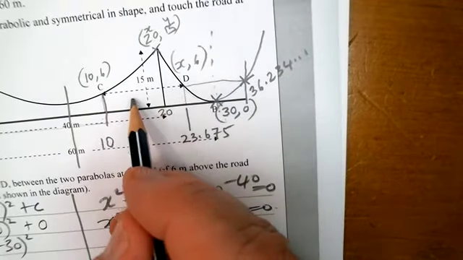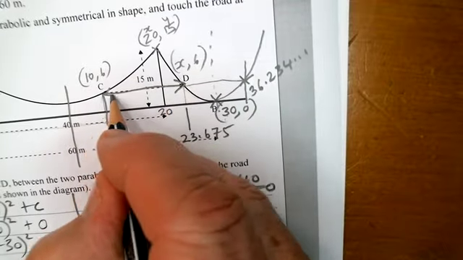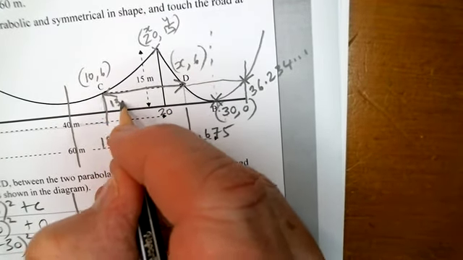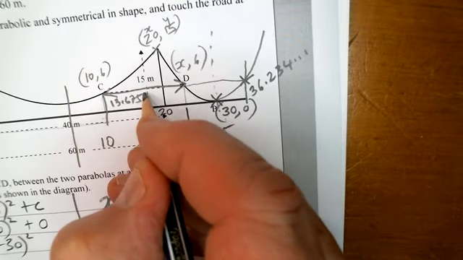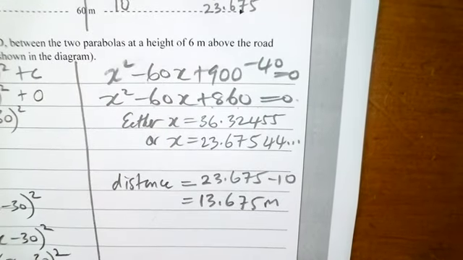So this distance here, from here to here, is 13.675 meters. And hopefully that makes sense.